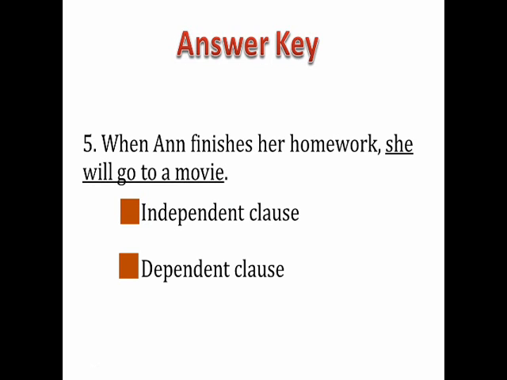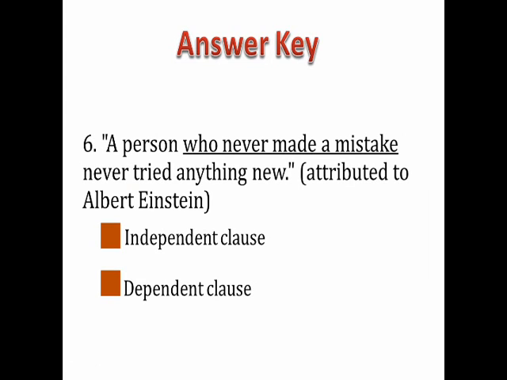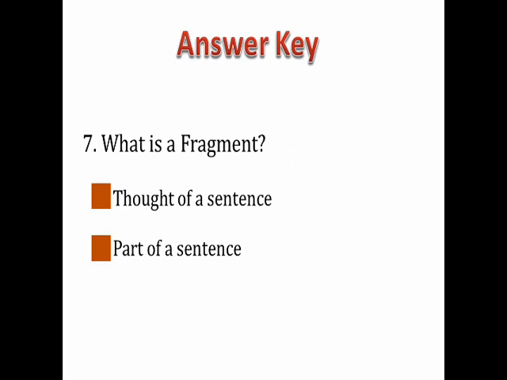That is a clause. When Anne finishes her homework, she will go to a movie. So this one, she will go to a movie, is an example of, right, that's an independent clause. Number 6, who never made a mistake is an example of, that is a dependent clause because you have the subordinating conjunction here, who.